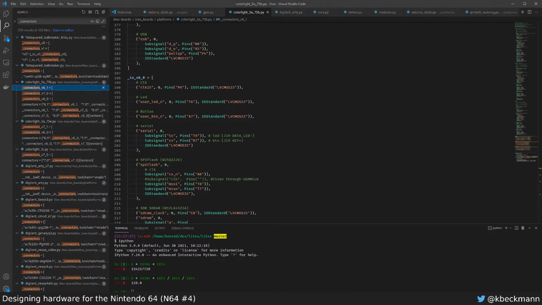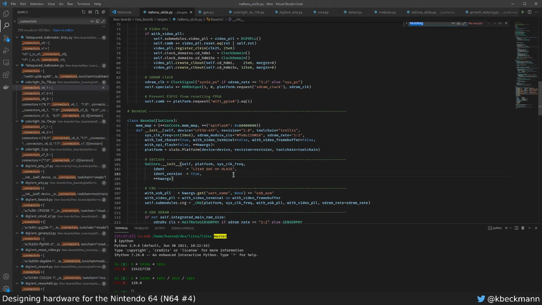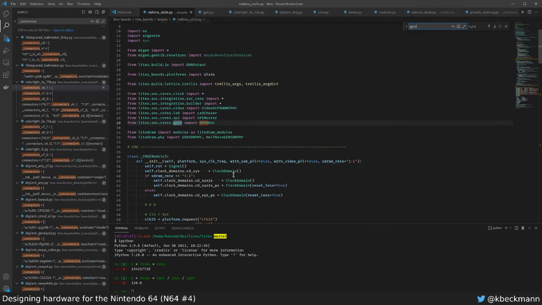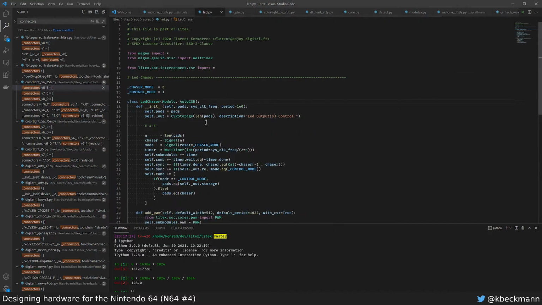So let's have a look at the Radiona example, or not example, but board targets. Yeah, GPIO. Yeah, it just adds it as a submodule. So am I missing something? Because the LEDs are added like this as well. They have some CSR as well, right?